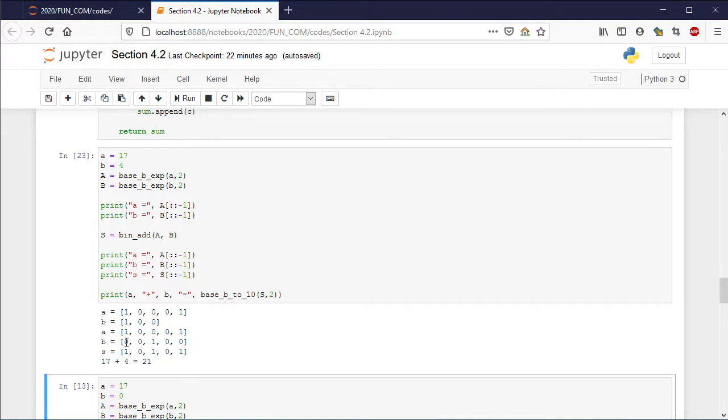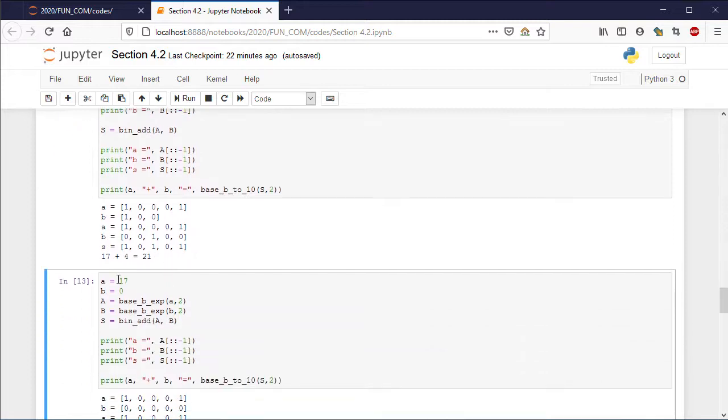And the addition result is 10101. Converting that back to decimal, 17 plus 4 equals 21. This equation is one we should be very familiar with. Right?